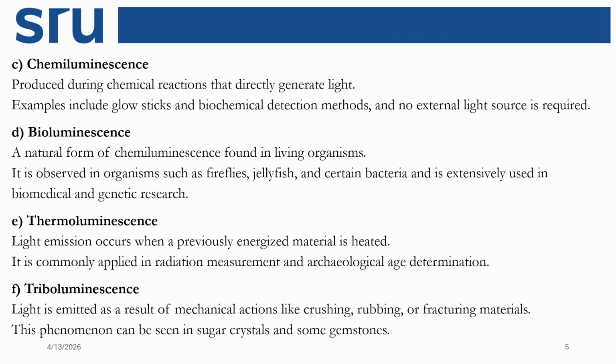So another type is called chemiluminescence. What is chemiluminescence? Some chemical reactions are taking place. Due to the chemical reactions, this light emitting property or luminescence property is observed in the material, that is called chemiluminescence.